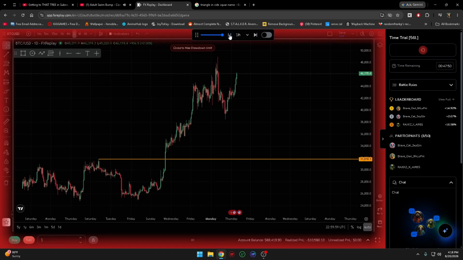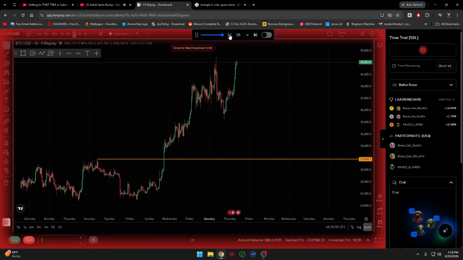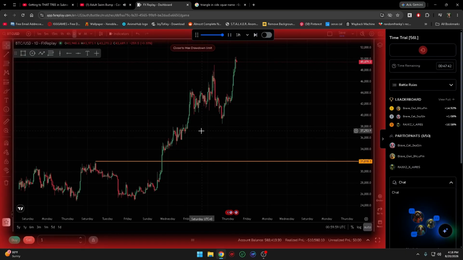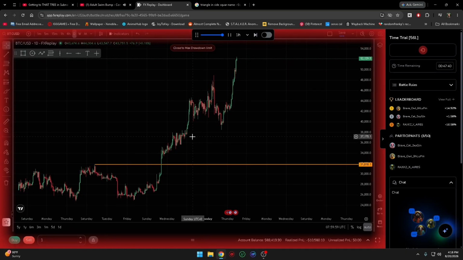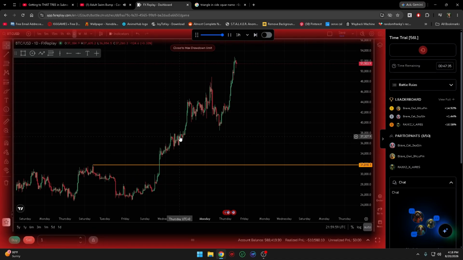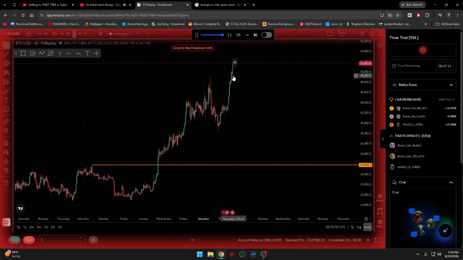I'm wrong again. No. So let's pull back to this previous consolidation right here that it made, then it ran back upward. So let's test that.